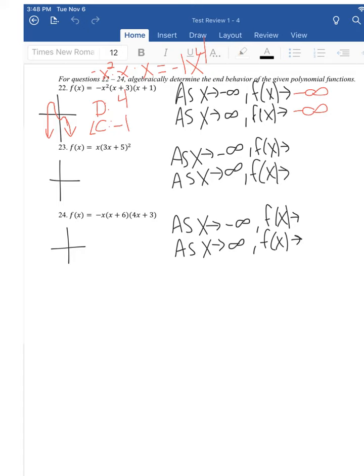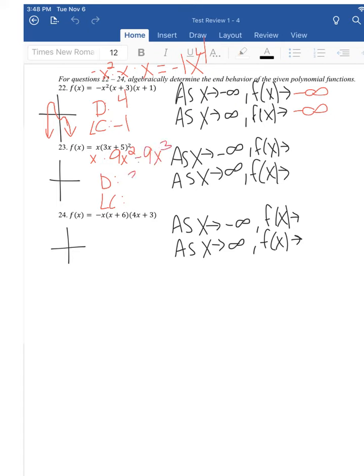For number 23, here I'm going to look for the same information for my degree and my leading coefficient. So my degree, here I would get x times this 3x plus 5, that's being squared. So the first term of that is actually 9x squared because it's really 3x times 3x. So this would give me 9x to the third.